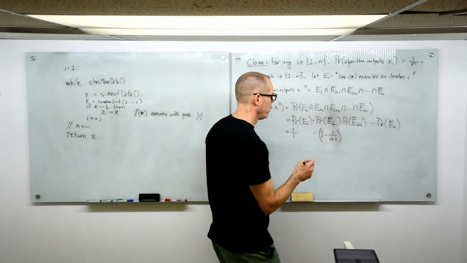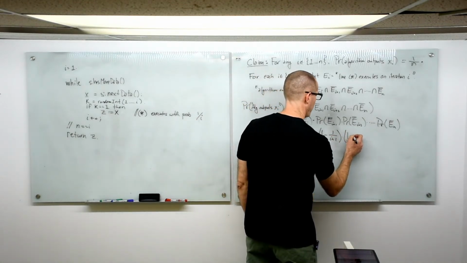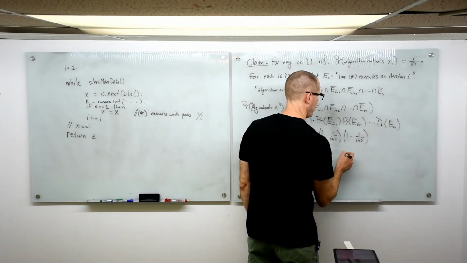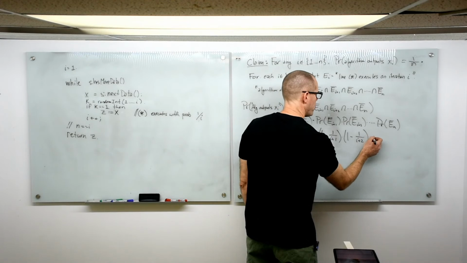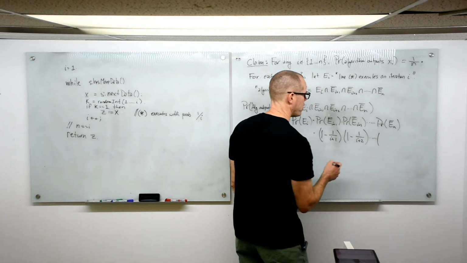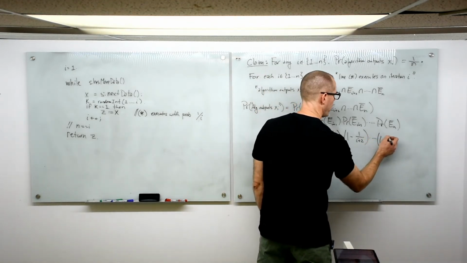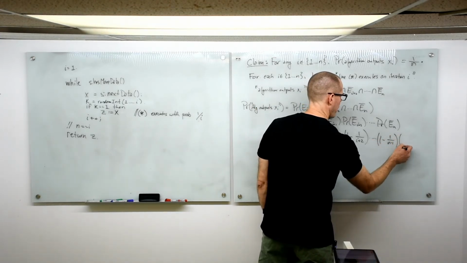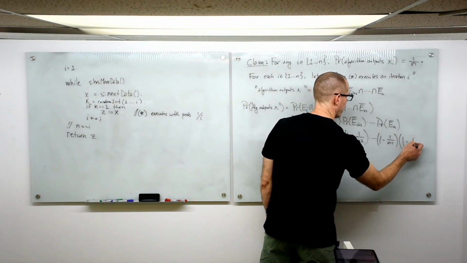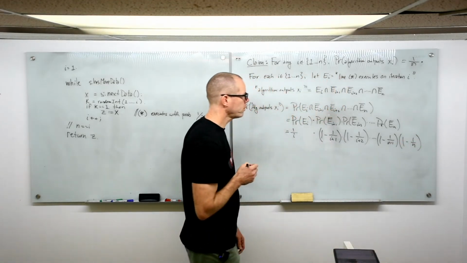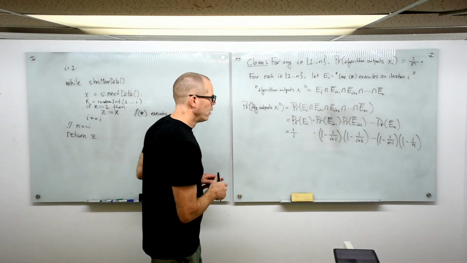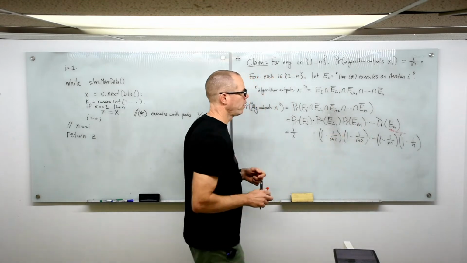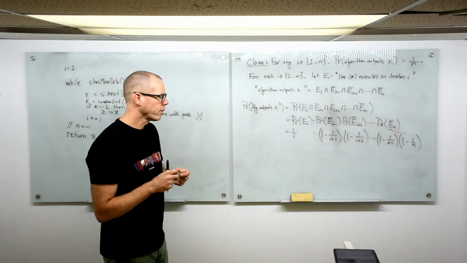Here we get 1 minus 1 over i plus 2, and so on. The last two are 1 minus 1 over n minus 1, and then 1 minus 1 over n.